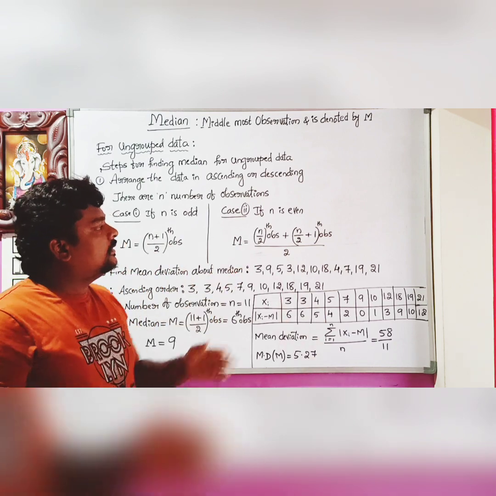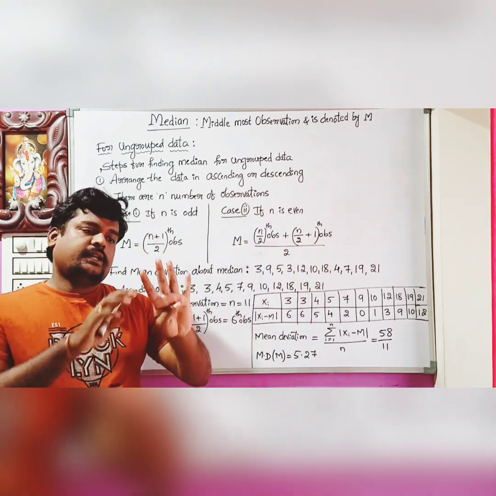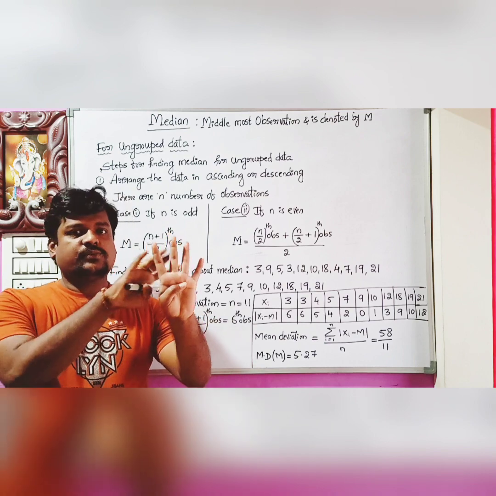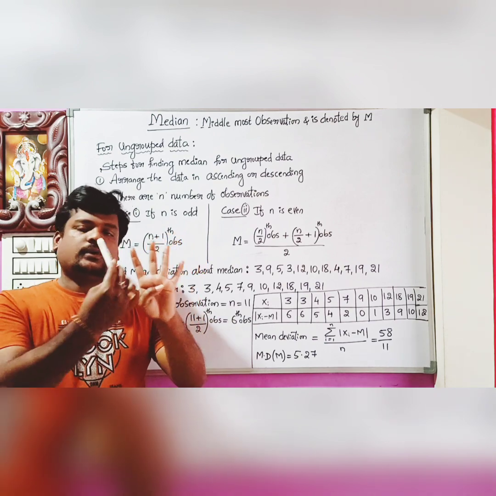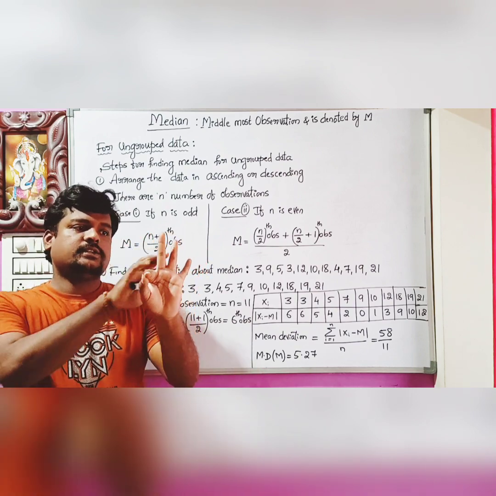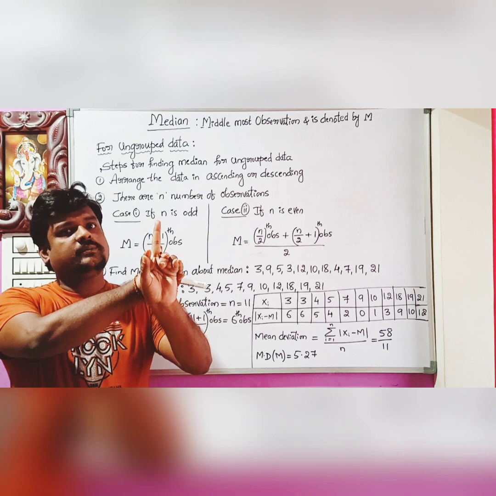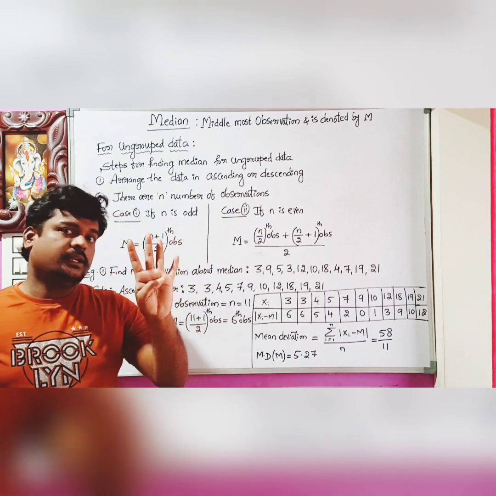Similarly, if the observations are even in number, for example these 4 observations, how to find the middlemost? With 5 observations, we can neglect these 2 and these 2, and this is the middlemost. But for 4 observations, how to find the middlemost?